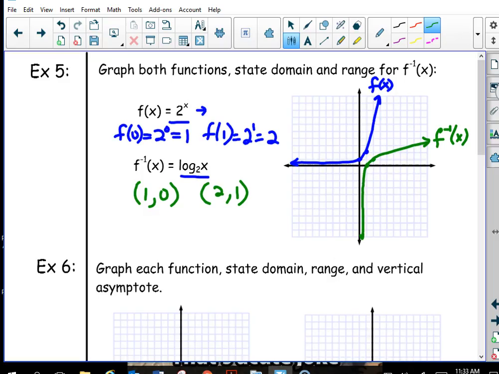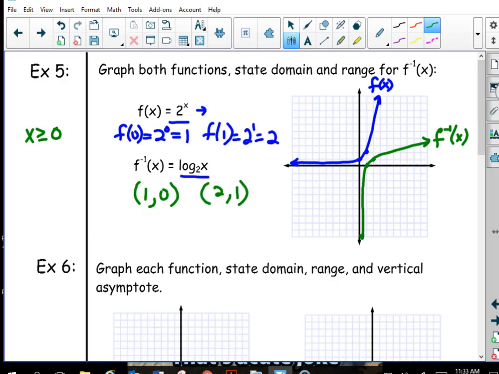Which means we've got not range restrictions, but domain restrictions on logarithms. So for any logarithm that doesn't have a left-right transformation, x has to be greater than 0. If the graph moves left or right, then our vertical asymptote moves left or right that many places, and so does our domain restriction.